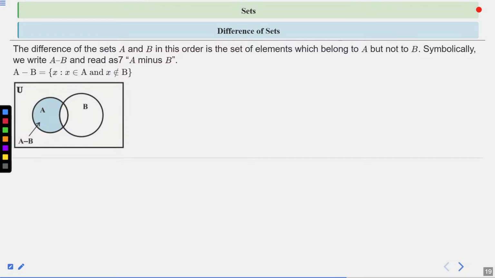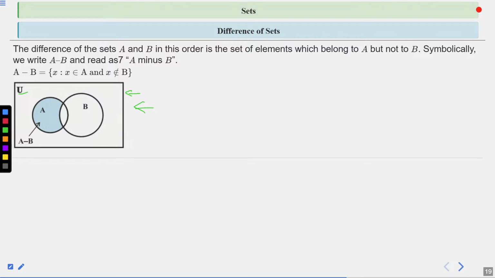So the Venn diagram representation is like this. U, your universal set, is represented by this rectangle. Two sets are represented by these 2 overlapping circles.